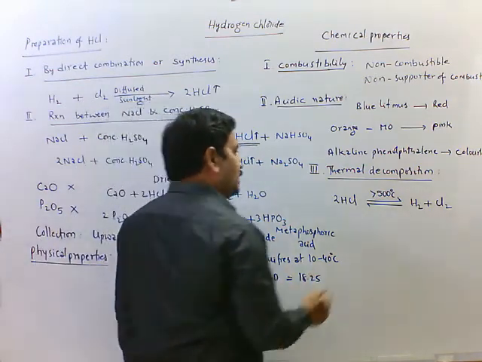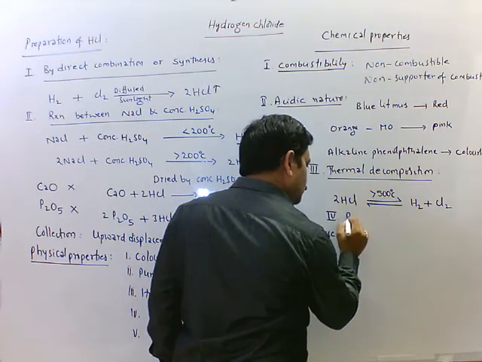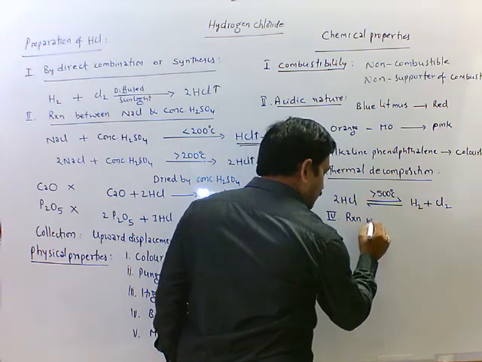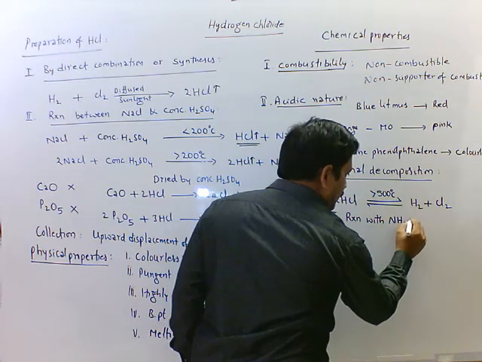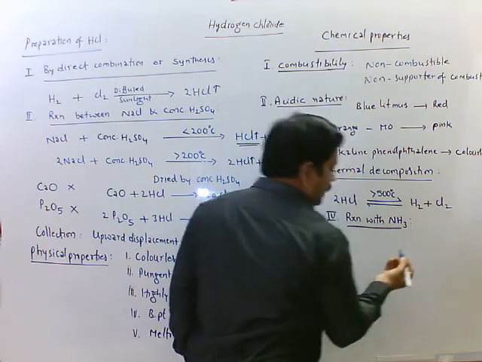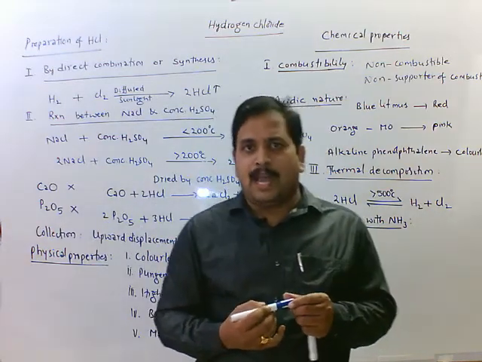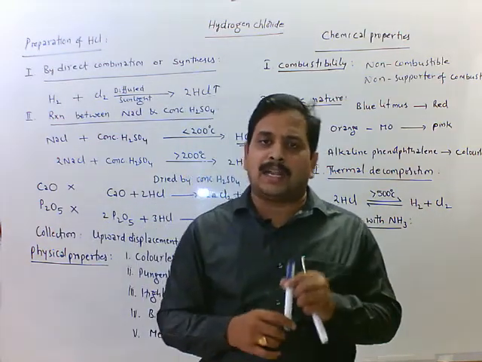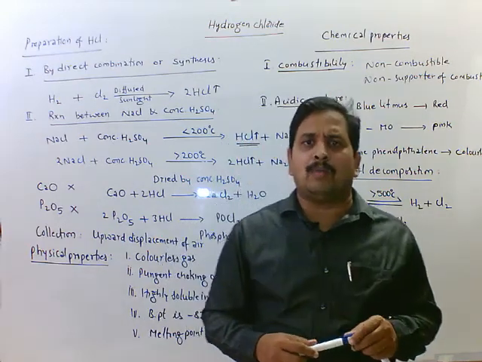And fourth reaction, reaction with ammonia gas. Ammonia formula NH3. It is the test for hydrogen chloride gas. When hydrogen chloride gas comes in contact with ammonia gas, it gives white dense fumes of ammonium chloride.